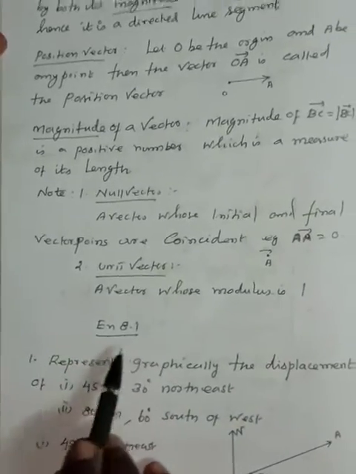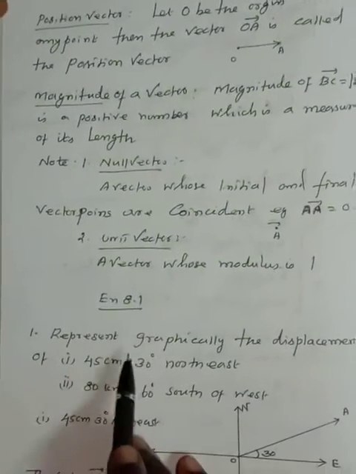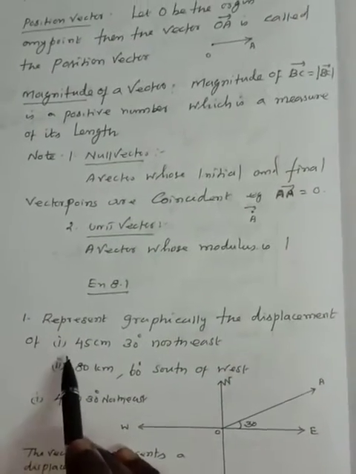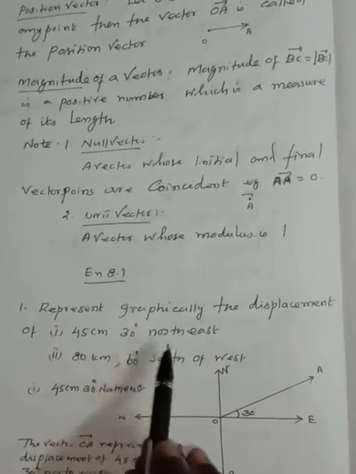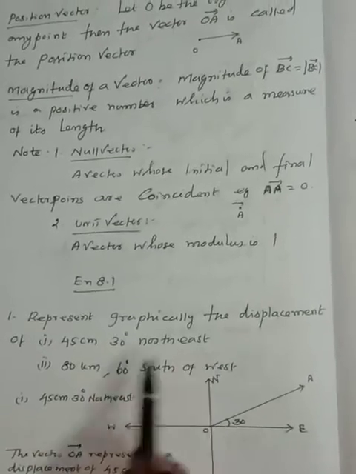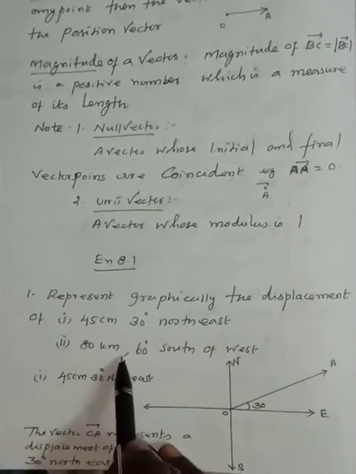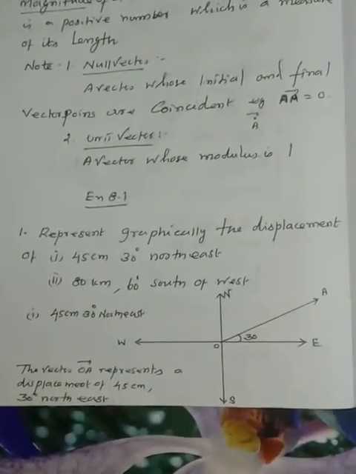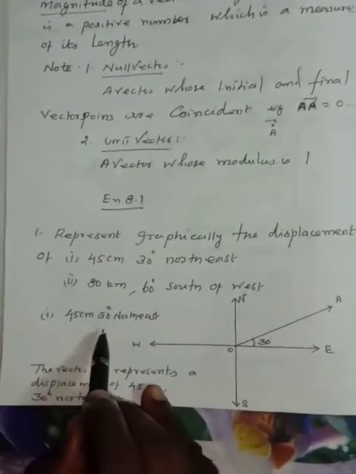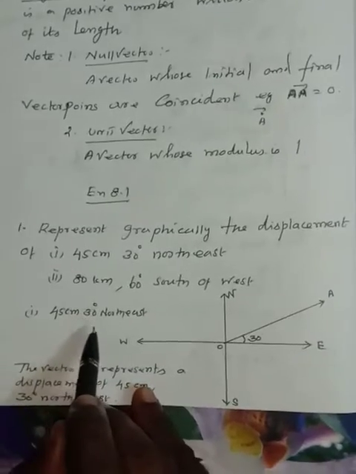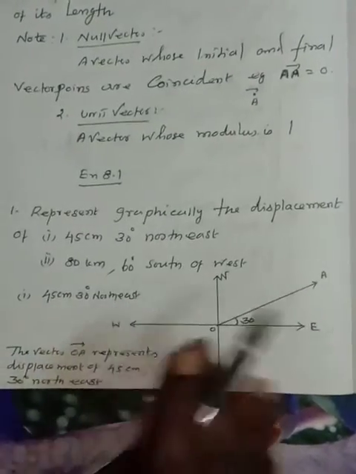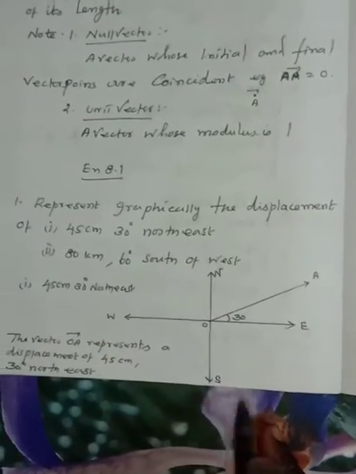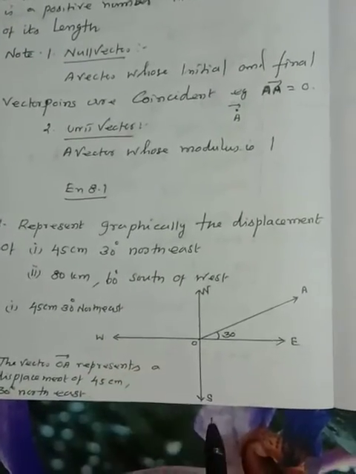Now Example 8.1, sum number 1. Represent graphically the displacements: number 1, 45 centimeters 30 degrees northeast; number 2, 80 kilometers 60 degrees southwest. Number 1, 45 centimeters 30 degrees northeast. Draw the x and y axes, x dash and y dash.